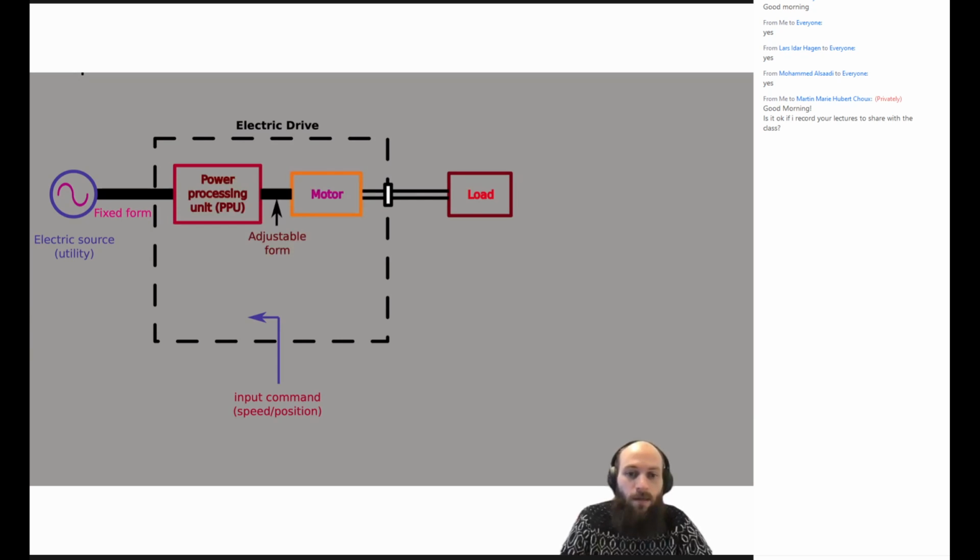And this is done by using a power processing unit, or we can also call it a power electronic converter, PEC, that delivers the appropriate form of frequency and amplitude and phase of AC voltage into the motor or the machine as required by the load.